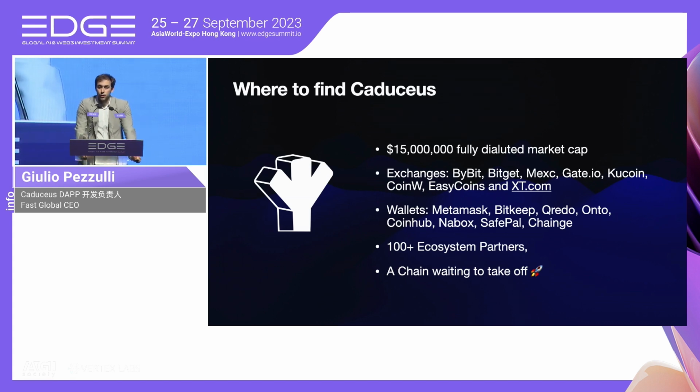You can also use us with all of your favorite wallets, from cold storage to hot storage to hardware storage, custody solutions. We are available on those platforms, and you can see them listed above. So you can have that custody security.